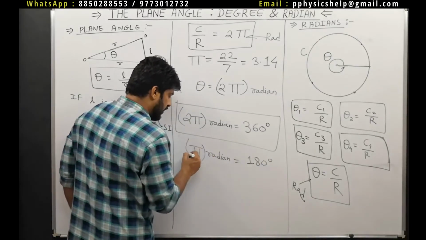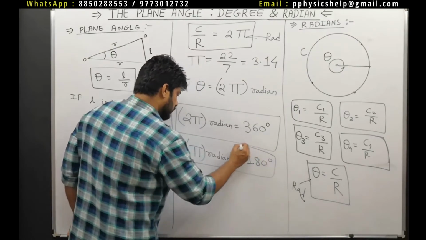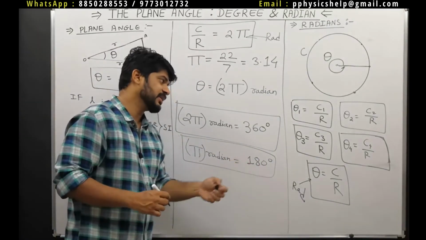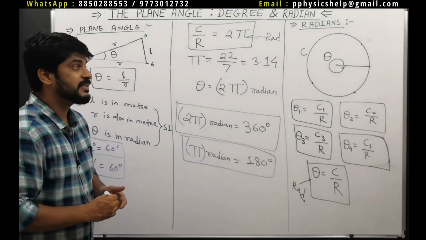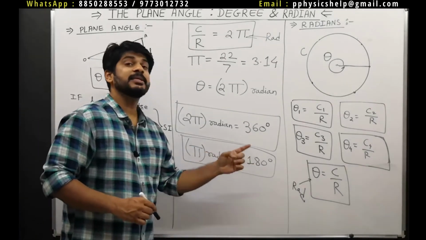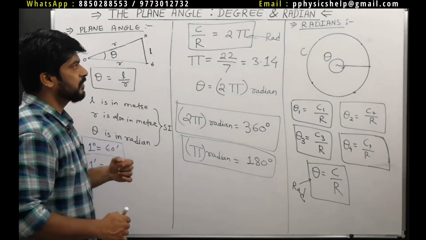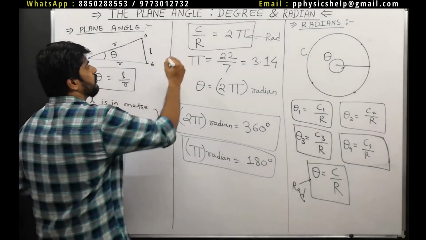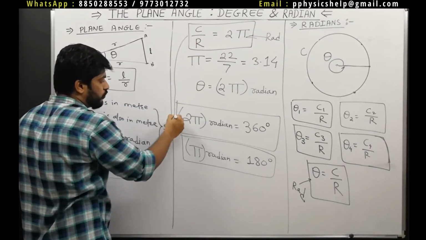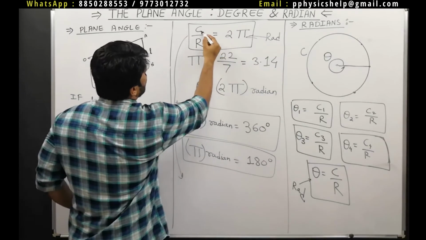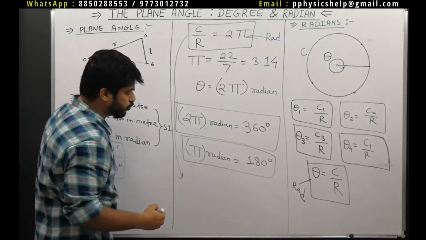So now we have got another relation: pi radians is equal to 180 degrees. Now, what do we really mean by this is very simple. Take the earlier equation, c by r equals 2 pi, and divide the whole equation by 2 on both sides.